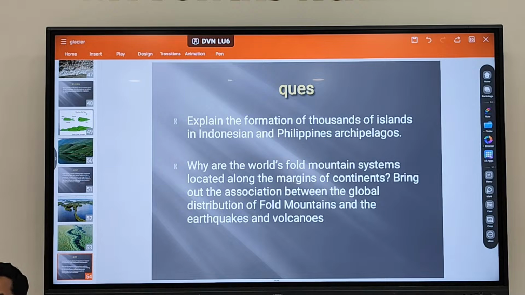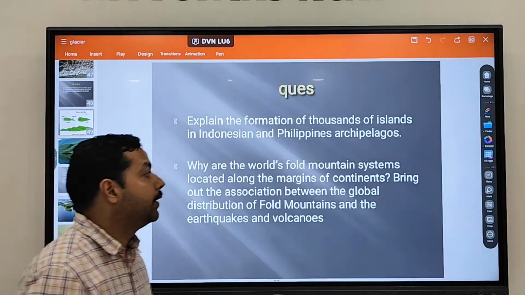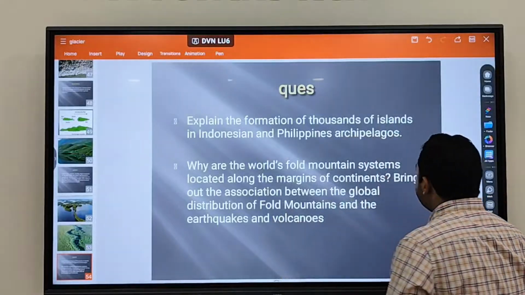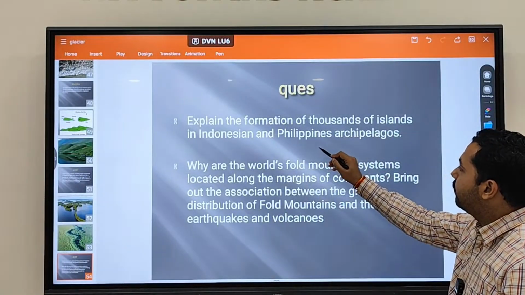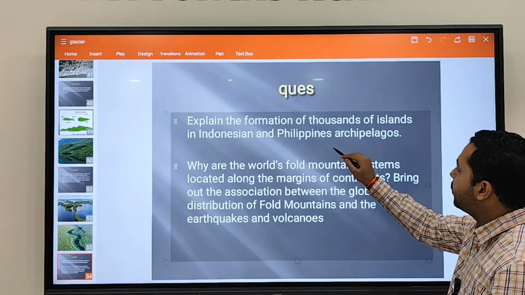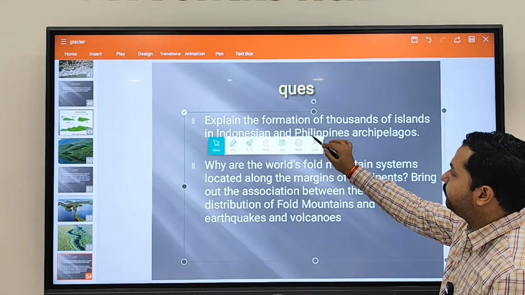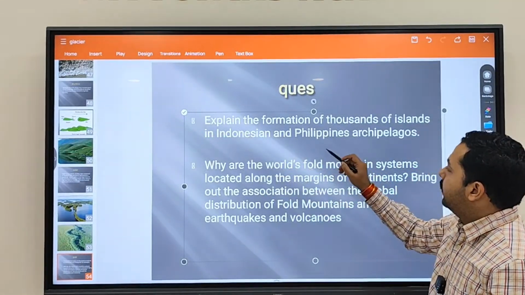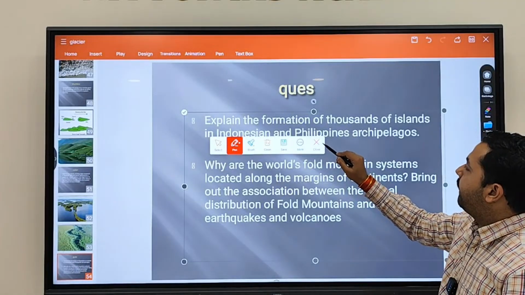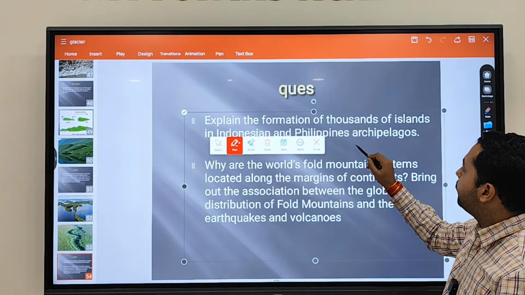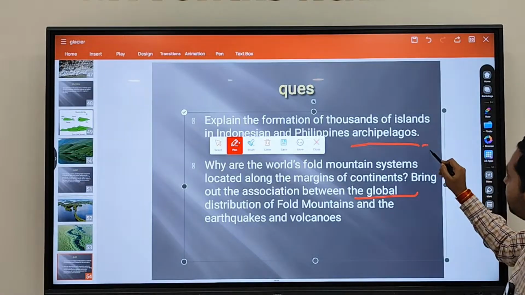Clear? Now most of the hot desert that you are finding is found where? It is found in the torrid zone, between Tropic of Capricorn and Tropic of Cancer.